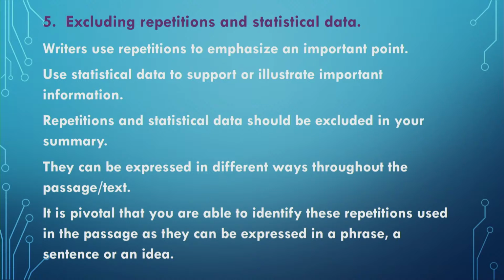They can be expressed in different ways throughout the passage or the text, and therefore it is pivotal that you are able to identify these repetitions used in the passage as they can be expressed in a phrase, a sentence, or an idea. So you must be able to identify repetitions. Statistical data is easy to identify because most of the time it's either numbers, percentages, and so forth.